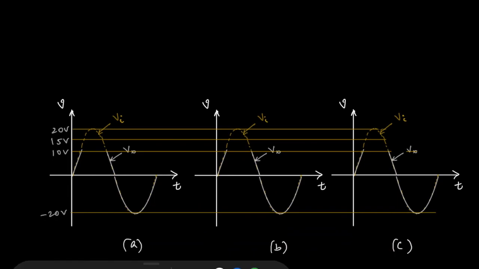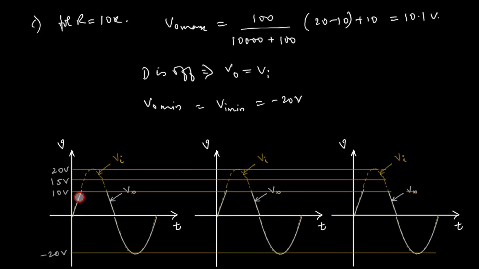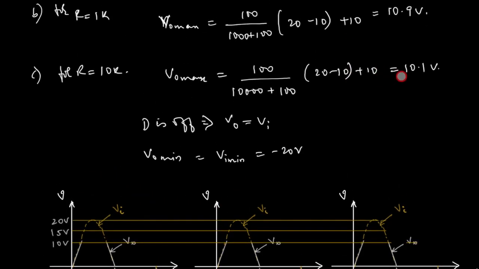So if you want to draw, the orange dotted line is input, and this is fixed. Output is negative as it is, and as I said, for 0 to 10, whatever is the input, that is the output. So output changes only for this.